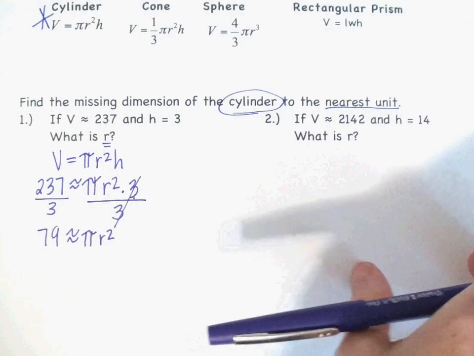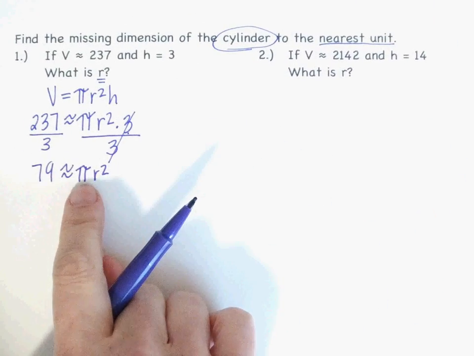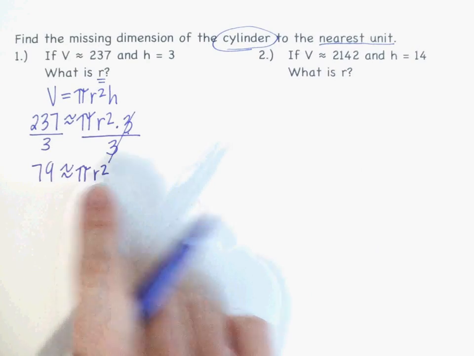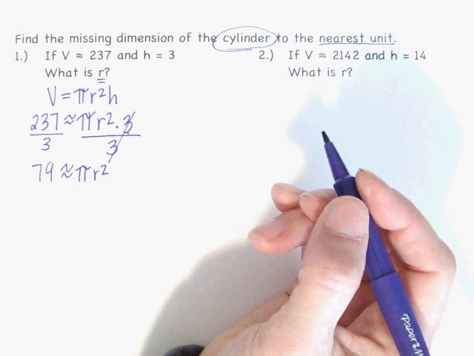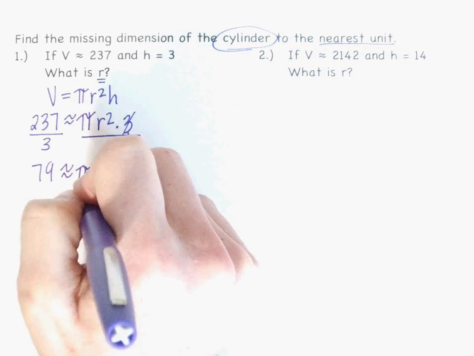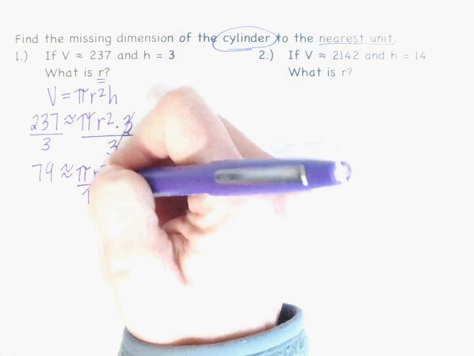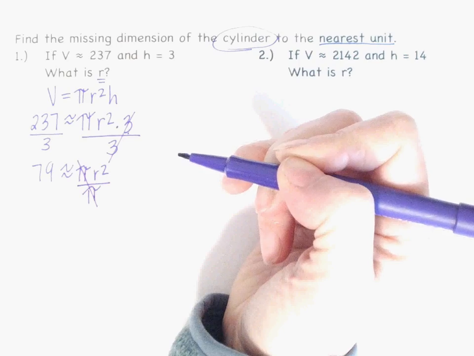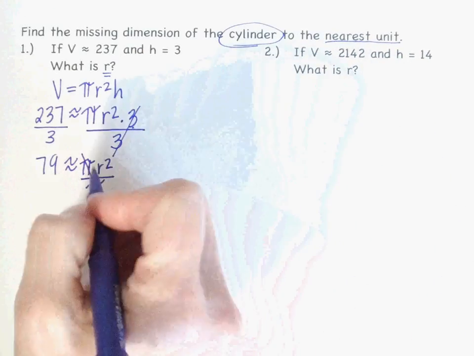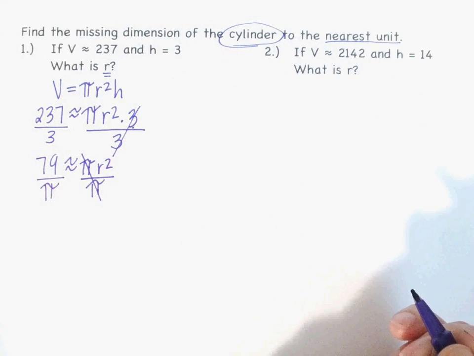My next step here is going to be to keep getting this r by itself. And if I have pi times r, again, we are going to do the inverse operation. That is the opposite operation, which is to divide. And the reason I do that, pi divided by pi, it gives me 1. So in essence, it cancels. But since we are working with an equal sign, if I do it to one side, I have to do it to the other, properties of equality.